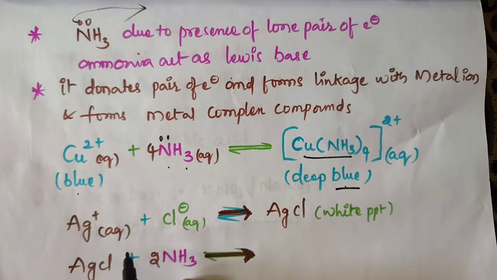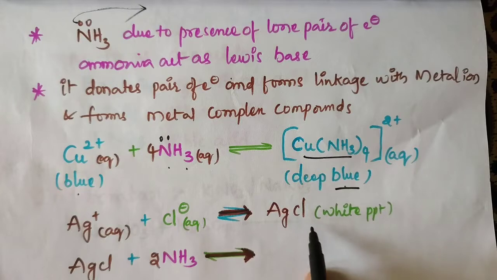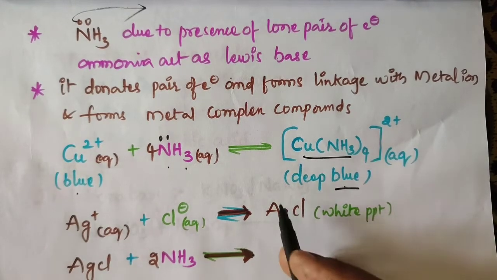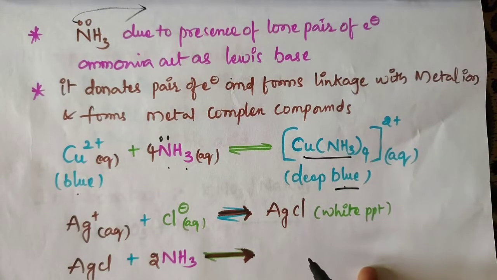And silver, Ag plus with chlorine, is going to form a white color PPT, silver chloride. AgCl reacts with ammonia, and we get colorless. Actually before the reaction the reactant contains a white color PPT, but after adding ammonia, the white color is going to disappear. That means a colorless complex is formed.